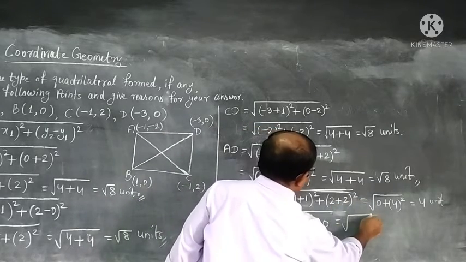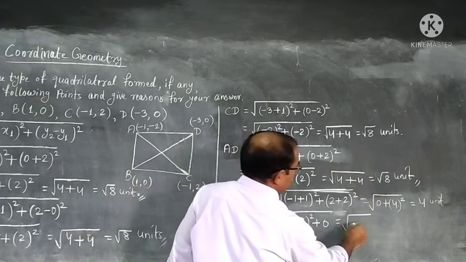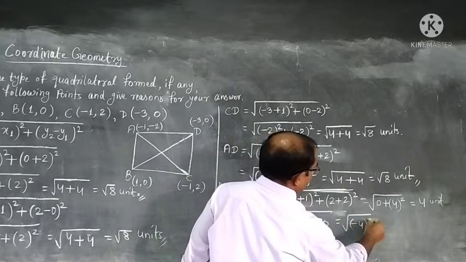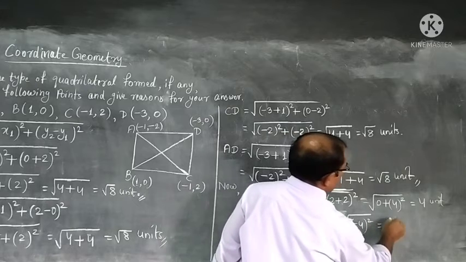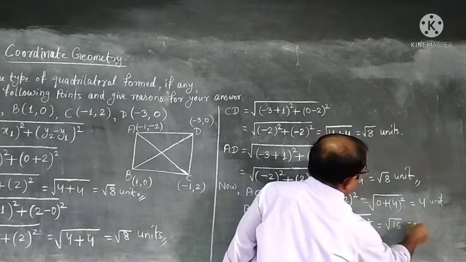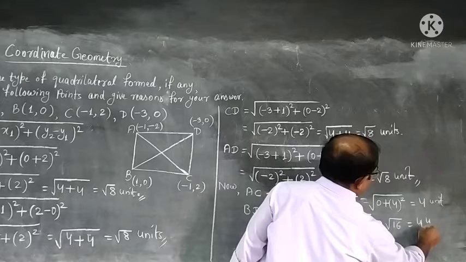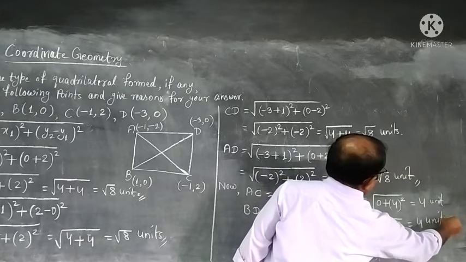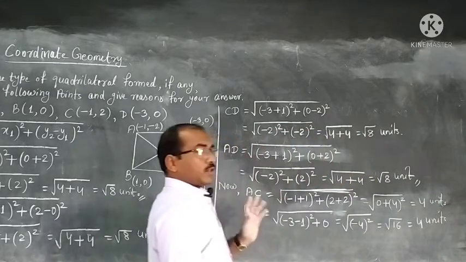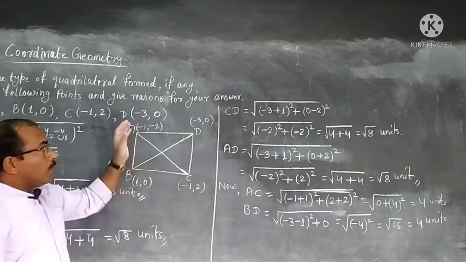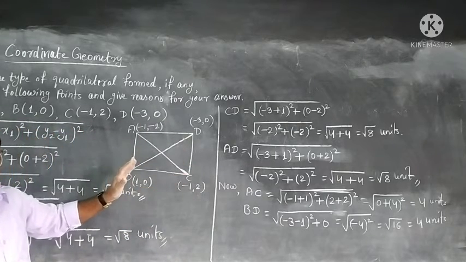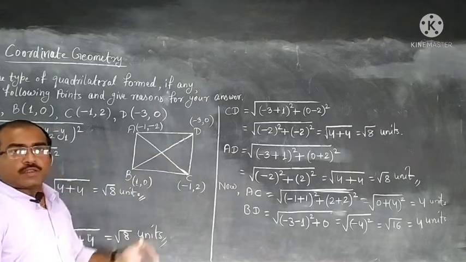We get -3 minus 1, -4 square. -4 square will be 16, and the square root of 16 is 4 units. So what we find in this quadrilateral is that all four sides are equal and also both the diagonals are equal.